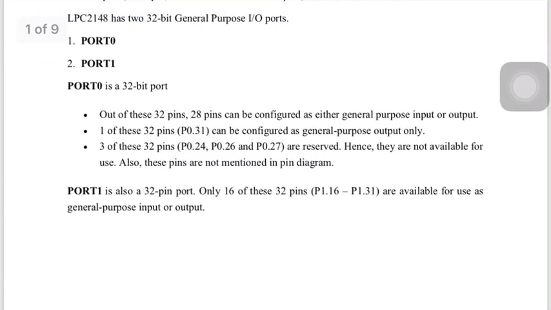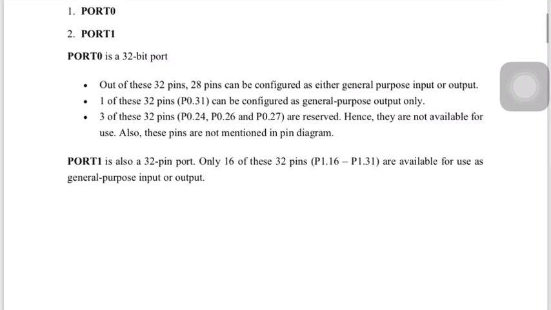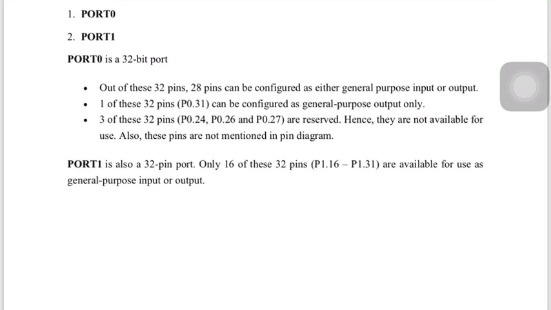How to represent the pins of a particular port: if I am talking about pin 31 of port 0, it is written as P0.31. Similarly, the 24th pin of port 0 is written as P0.24, and pin 16 of port 1 is written as P1.16.